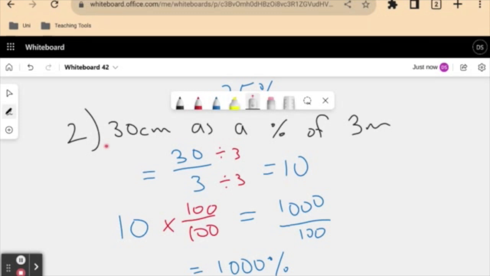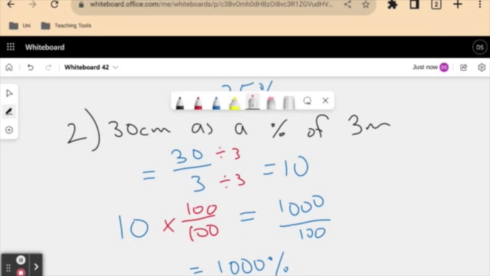That just doesn't work. You can hold out your 30 centimeter ruler and measure a line that's 3 meters. In no universe is 30 centimeters as a percentage of 3 meters going to be 1,000.